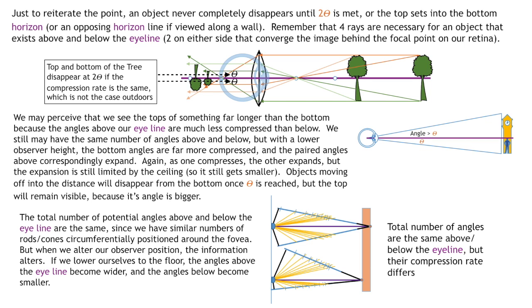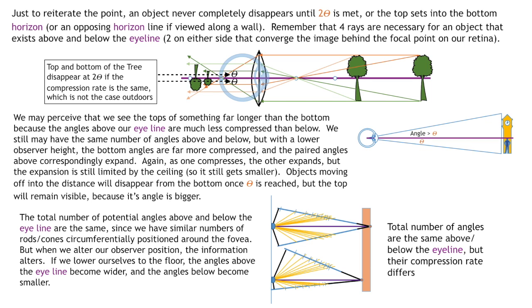But when we alter our observer position, the information alters. If we lower ourselves to the floor, the angles above the eye line become wider and the angles below become smaller, as you can see when you just fix some points along some lines and move a central fixed point along those two.